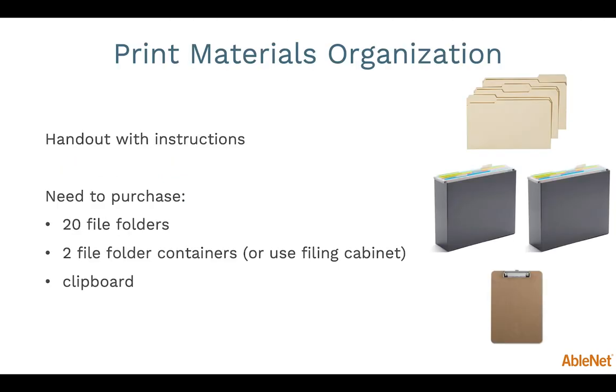To complete the organizational process, let's briefly review items that will need to be purchased or gathered from your classroom. As you prepare to teach Equals, you will want to gather or purchase the following items: 20 file folders or folded construction paper into folders, 2 file folder storage containers of your choice. This can be an area in a file cabinet, 2 small containers, or crates or a large box.